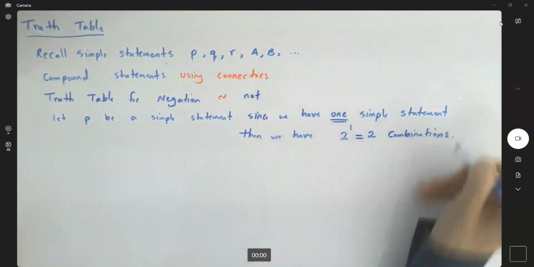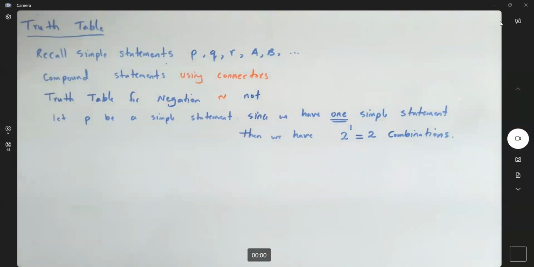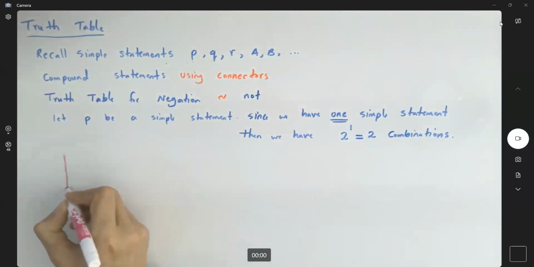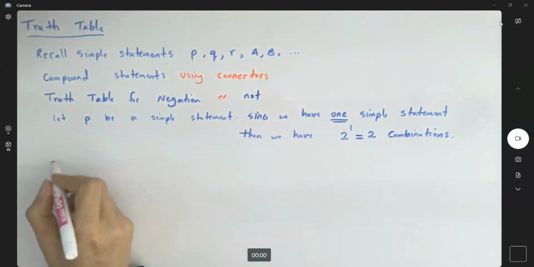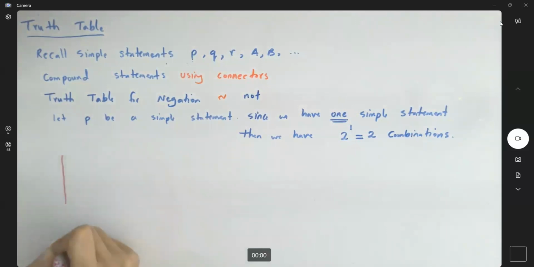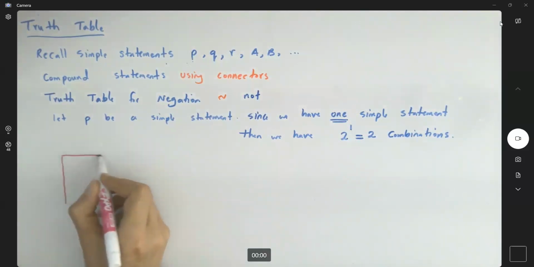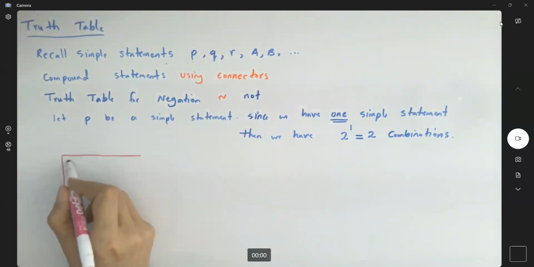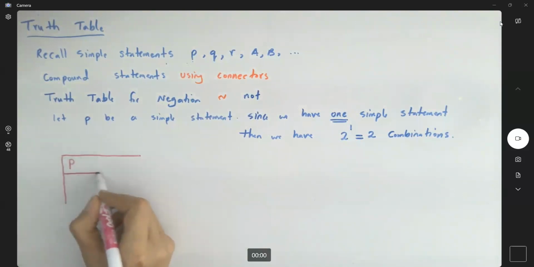Okay. When you're constructing the table, you write down the values for your statement on the first column. P is your statement.